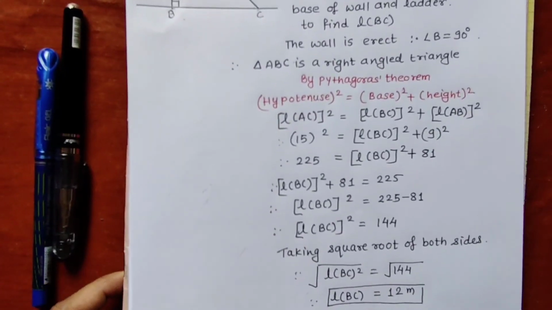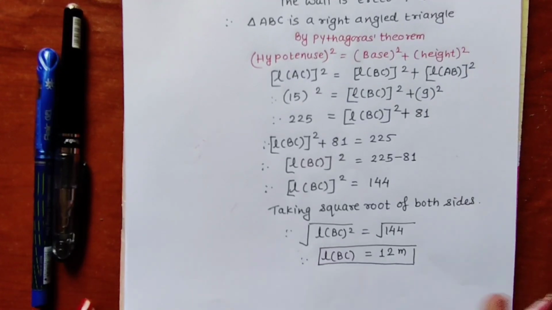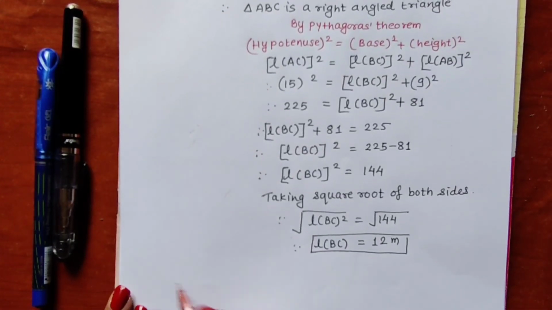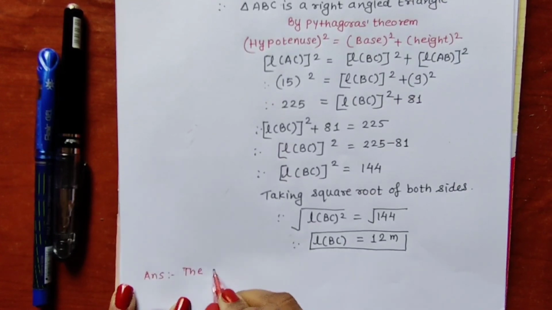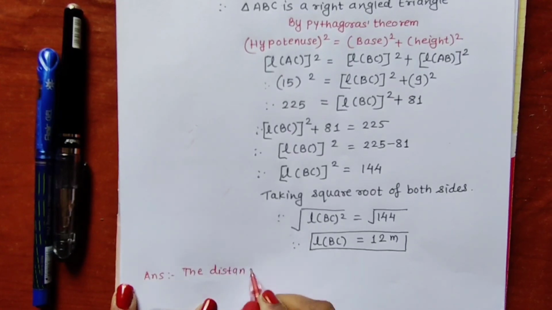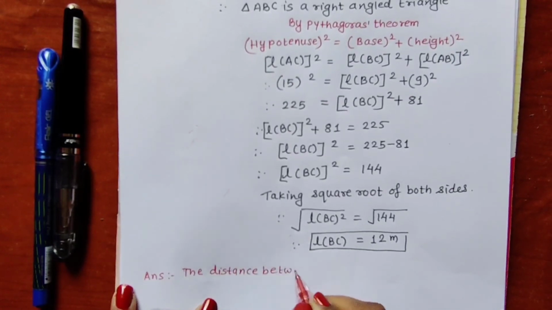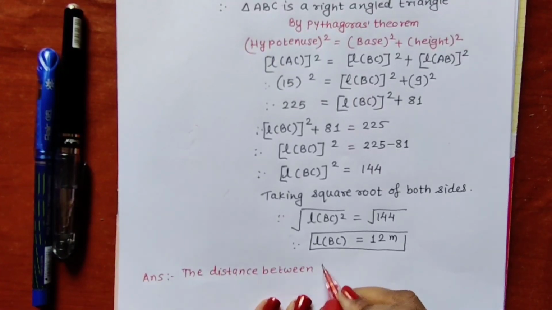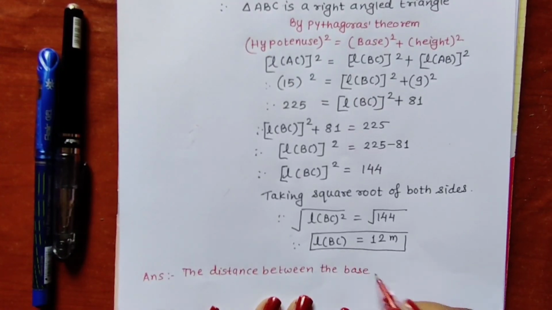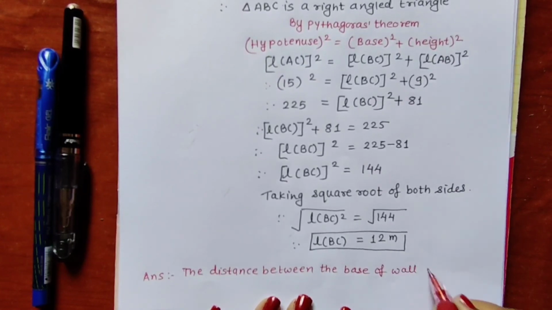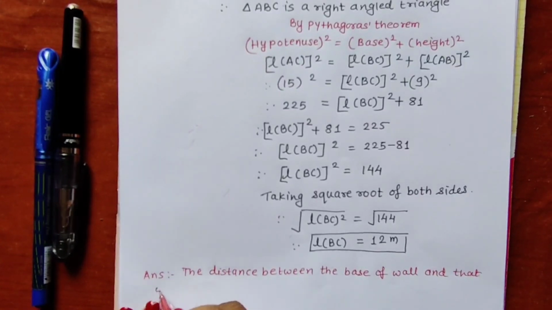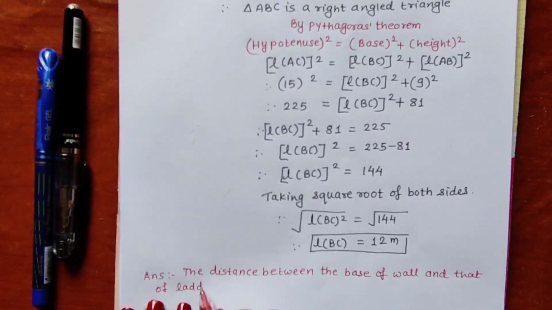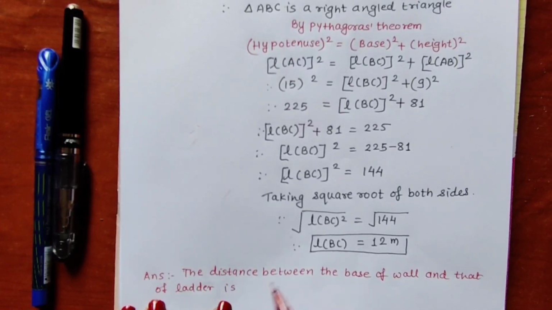Therefore the answer statement I am going to write here: the distance between the base of the wall and that of the ladder is 12 meter.